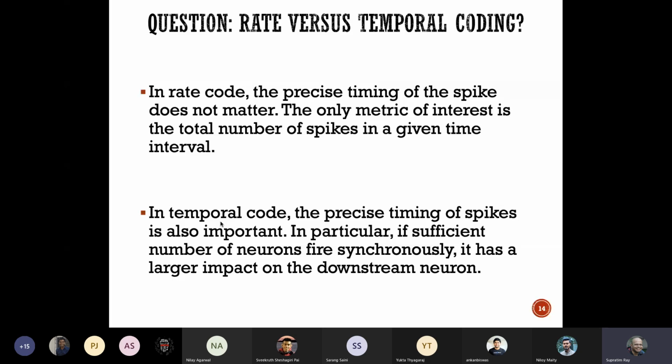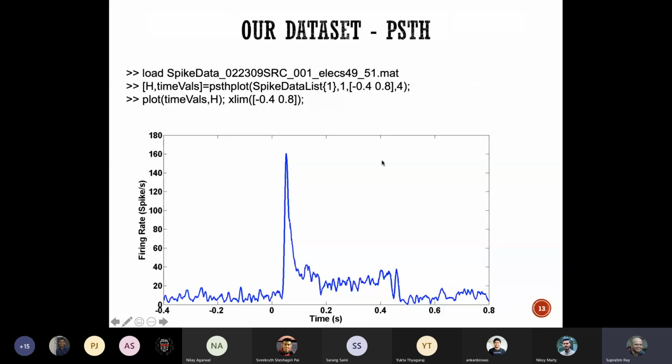Having said that, if I consider a particular time interval, let's say 200 to 400 milliseconds, the firing rate is about the same, about 20 spikes per second. So in a 200 millisecond interval, I'm going to talk about 4 spikes on average.